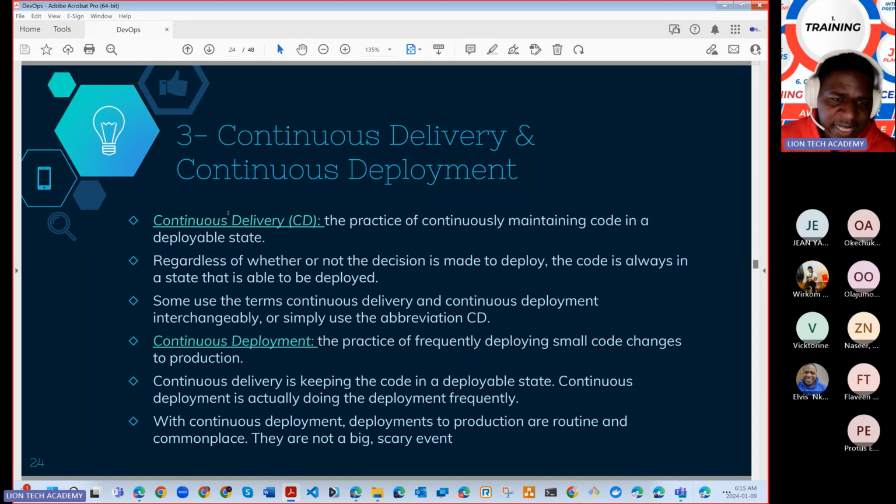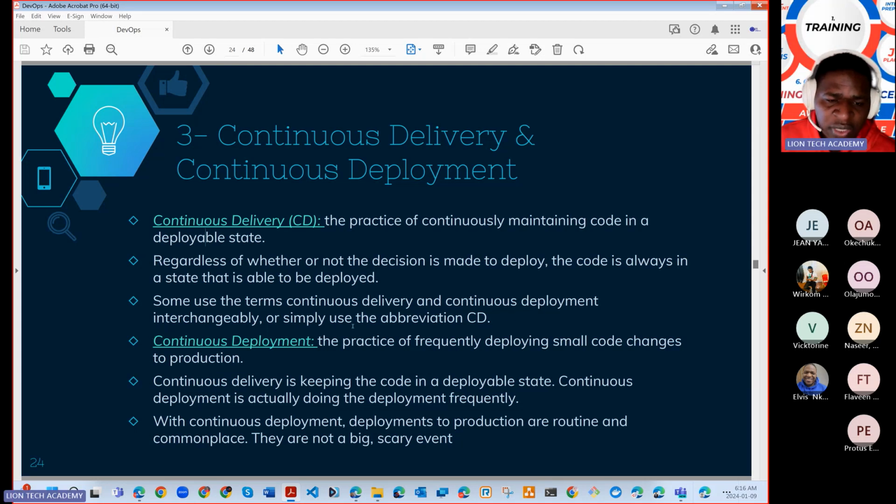So in that case, yes, the bread is available for delivery to our customers, but maybe we are waiting on the store manager to come and count and get everything ready for delivery. So this is what continuous delivery means, and that's how it differs from continuous deployment.